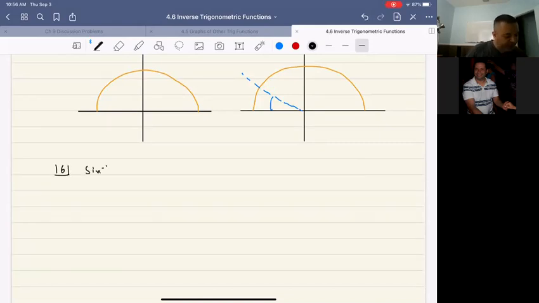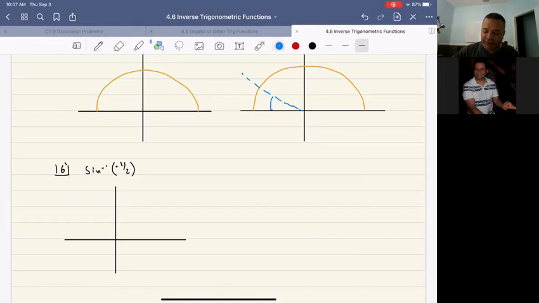Let's go sine inverse of, let's say, 1/2. I think we already did that. But if I'm doing sine inverse, you know what, let me change it. Let's do sine inverse of negative 1/2, even better. So this is 16 prime. So sine inverse of negative 1/2.